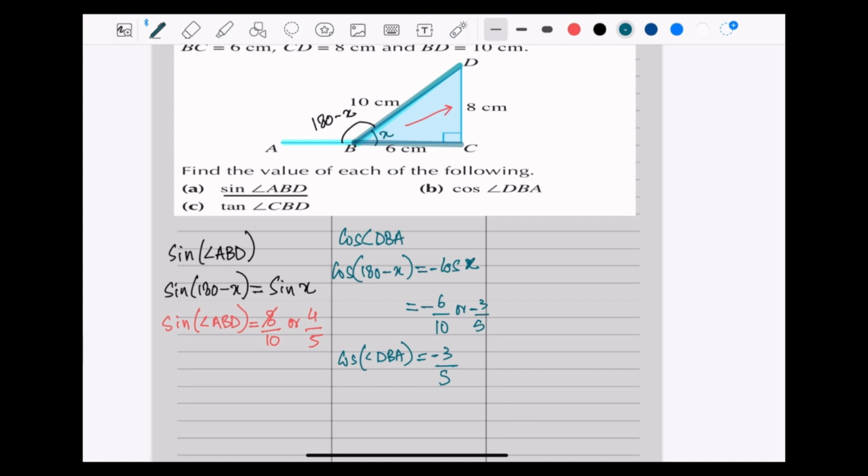So it's asking for tan of x. We have already studied that tan is opposite over adjacent. So opposite here is 8 and adjacent here is 6, or we can write this in the simplest form, 4 over 3. That is the answer.